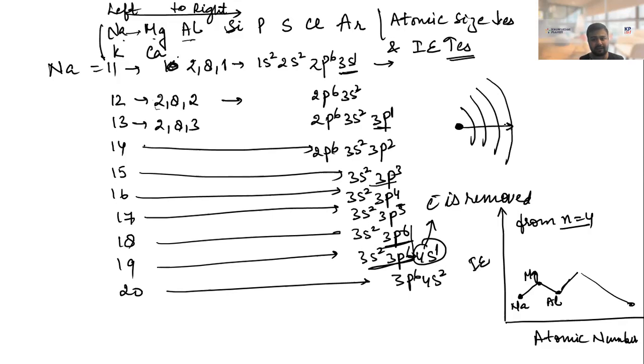Clear? Okay. So now the electron is removed from this one, so there's a little bit of decrement. In this case 4s2 is fully filled, so a little bit of increment is there. So suddenly it will decrease and then increase. Got it? Any doubt? Okay, fine.